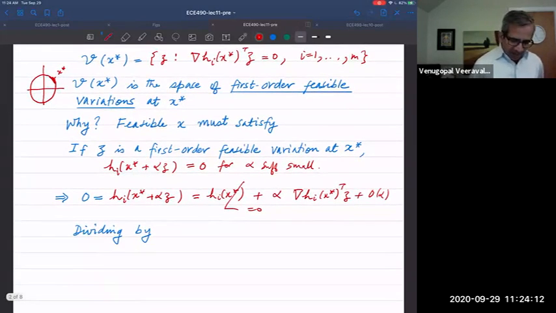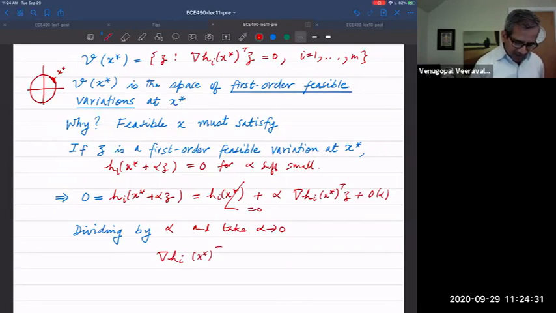Now, if I divide by alpha and take the limit as alpha goes to 0, what we get is that the right-hand side has to be 0, so the gradient of hi at x star transpose z equals 0.